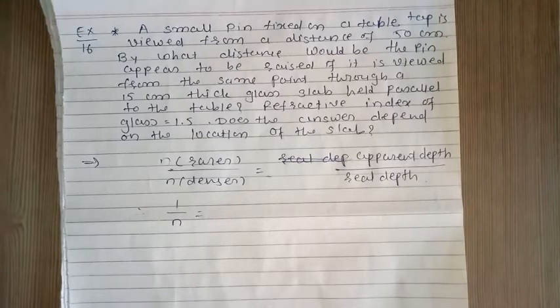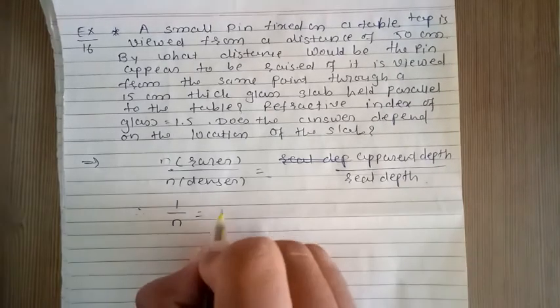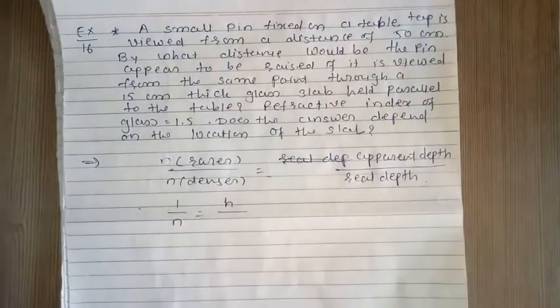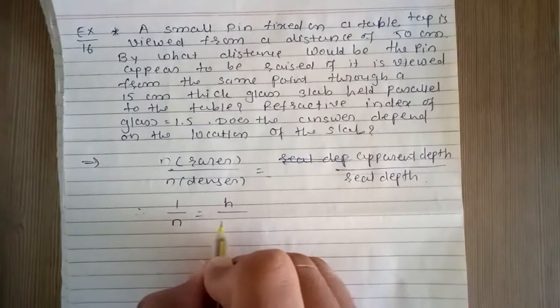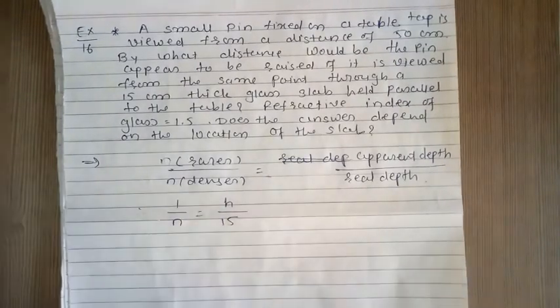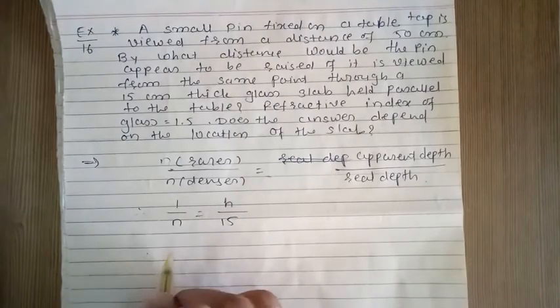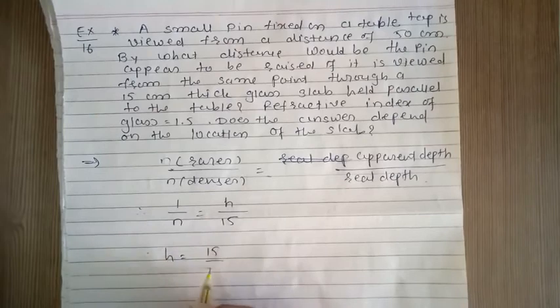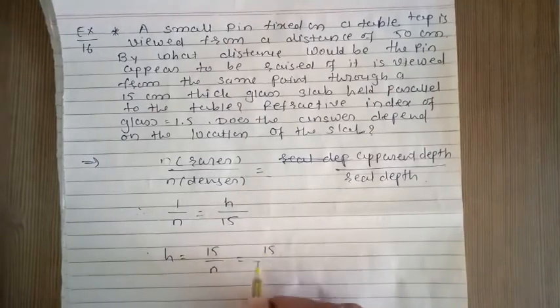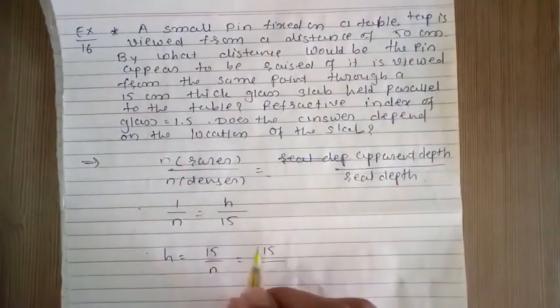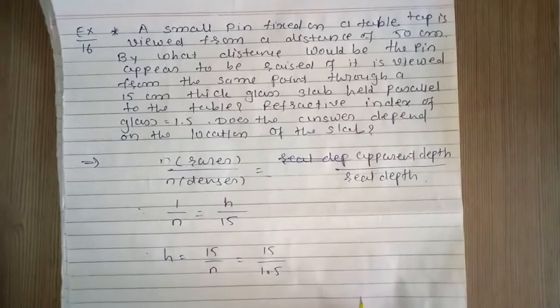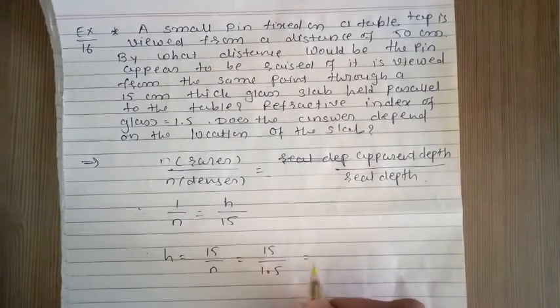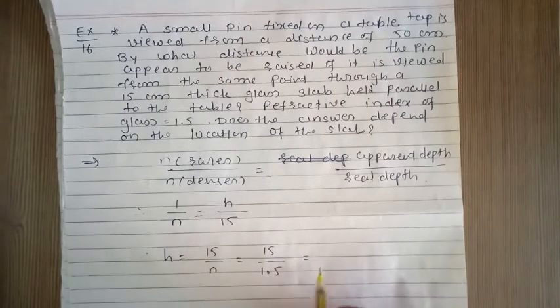Here we have to find the apparent depth. So we take apparent depth as h. Real depth is 15, right? So h is equal to 15 upon n. So 15 upon the refractive index of glass, 1.5, is 10.